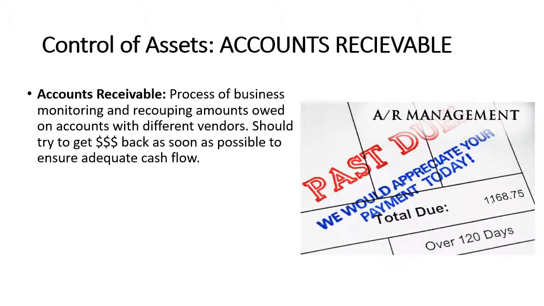The next one is accounts receivable. And this is looking at money that we have on accounts with our customers and different vendors. Okay, so people who owe us money. Now, from a business point of view where you have people on accounts receivable, your goal is to get back your money as soon as possible, so your cash flow and your liquidity is there.